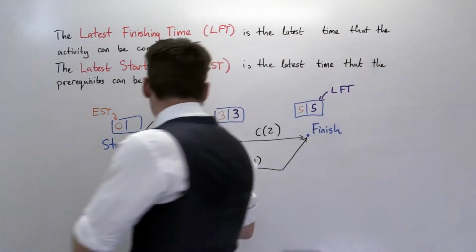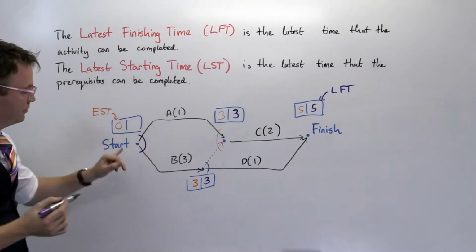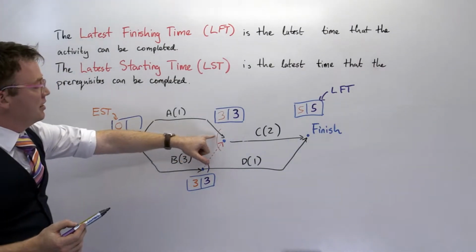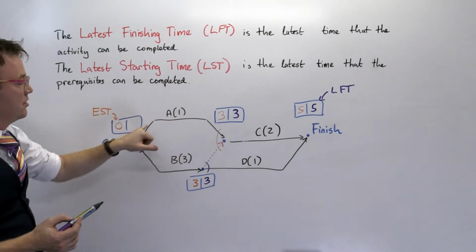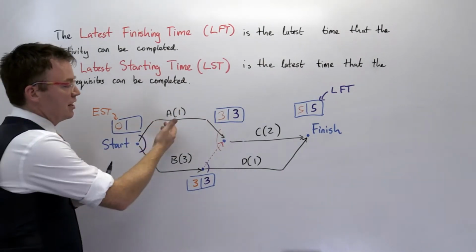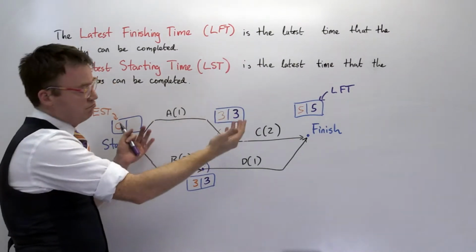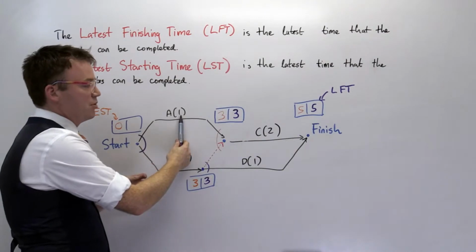Now over here we have 2 edges to consider. The LST of activity A is 3 minus 1. That is to say, the latest you can start activity A and still finish this by time 3 is 2. Kind of makes sense. A only takes 1 time unit to do.